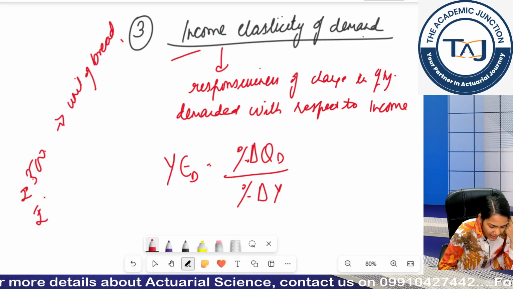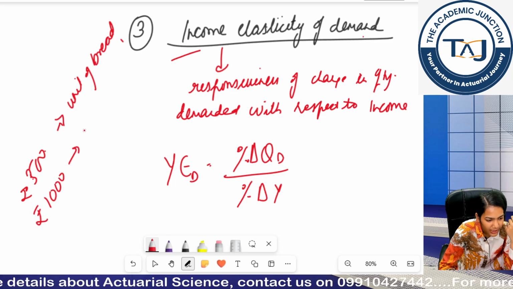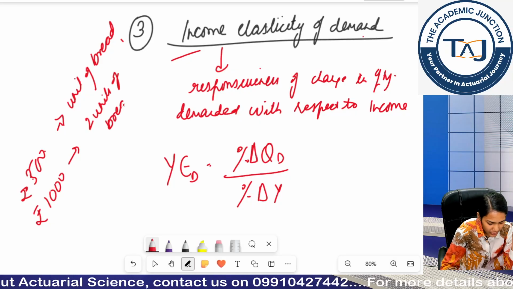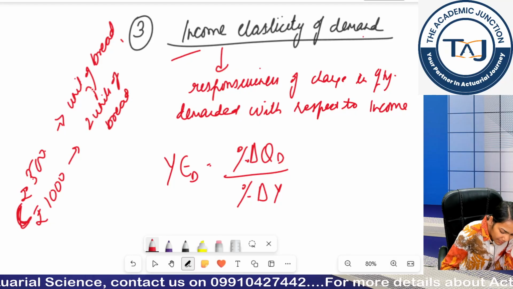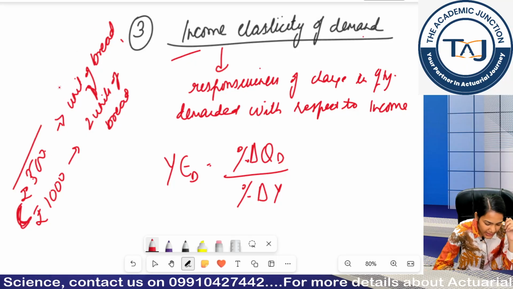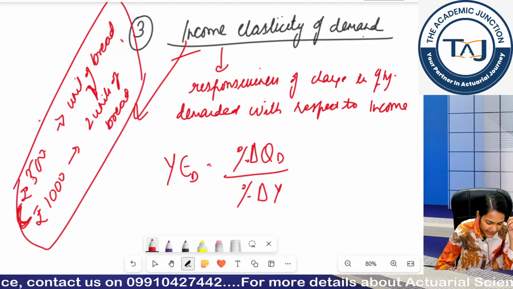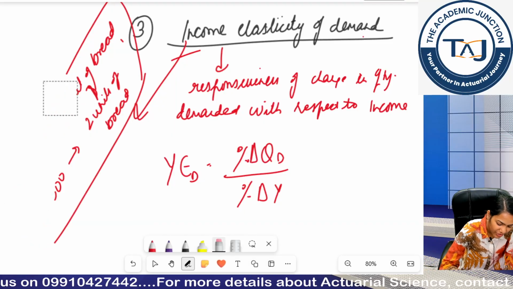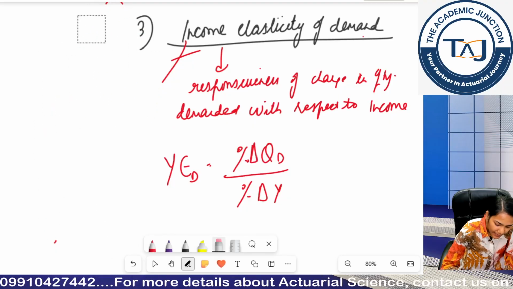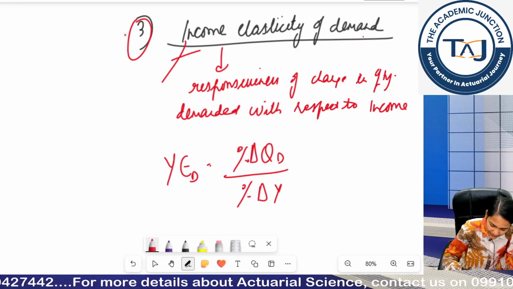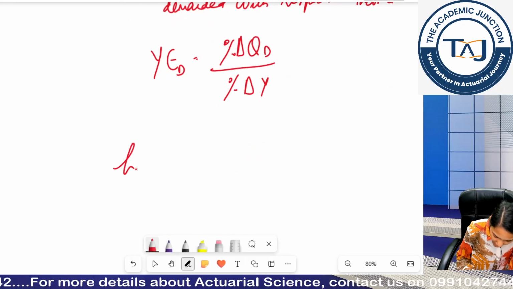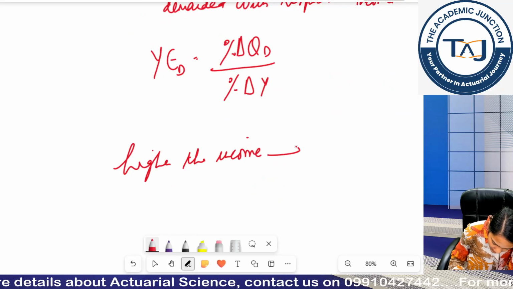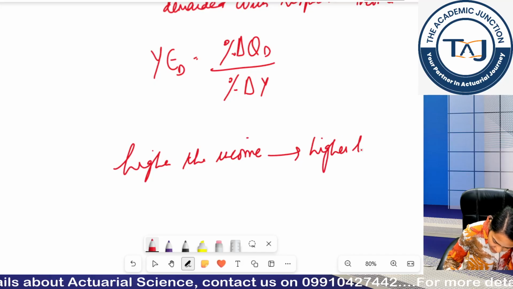Now my income has increased to 1000 rupees. What can I afford? I can afford 2 units of bread. So due to the change in my income, my demand for bread increased. This income elasticity will measure this change. So higher the income, higher the demand.